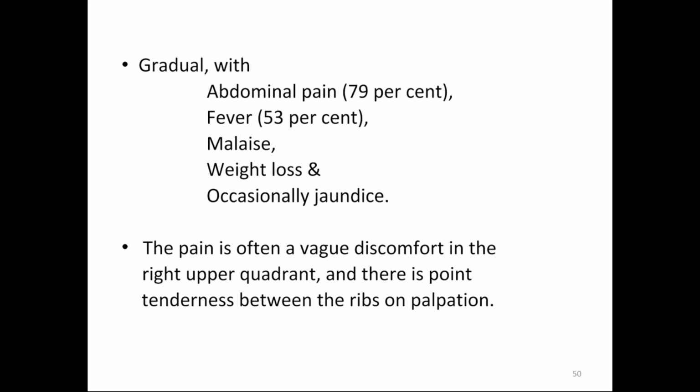So the most common presentation features are abdominal pain and fever, as it is again an infection. Parasites we call an infestation, but that infestation causes infection. So fever is also always present, and generalized body pains are present. Colds, chills and rigors are present, and occasionally jaundice, because there is hepatocellular damage.